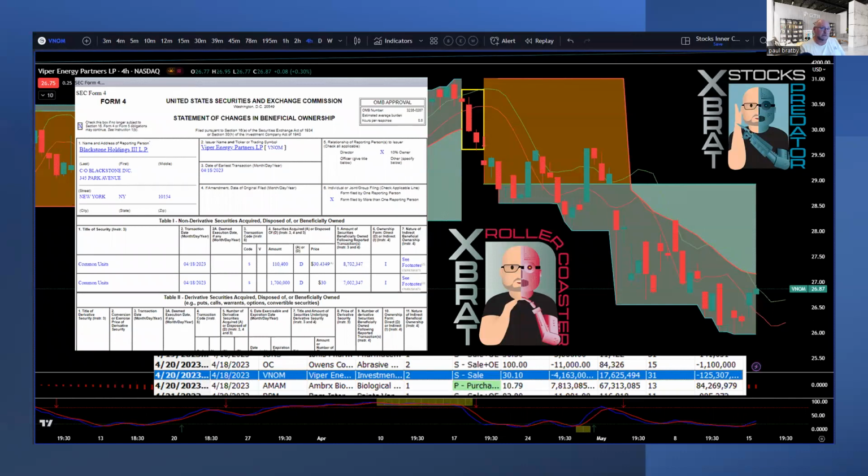But the problem is when they sell too many of those shares, it starts to cascade down, because there are other institutions investing in this company and they start to sell off. We get that technical indication in this case with the Rollercoaster, that there's a sell order here.